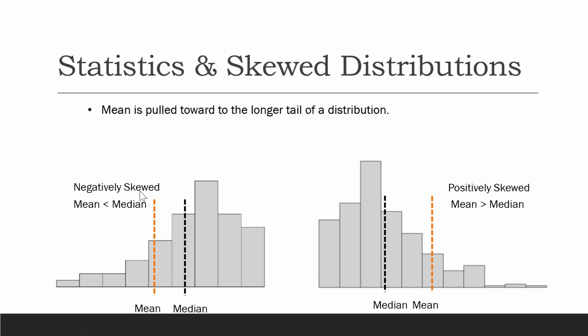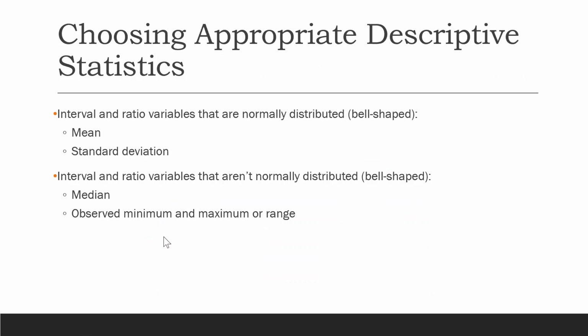And because our means are influenced by those values that are extreme in our data set, when we have a skewed data set, and that's going to happen when we have data that are not normal, we're going to want to report the median as a typical value, a measure of central tendency, instead of reporting our mean.